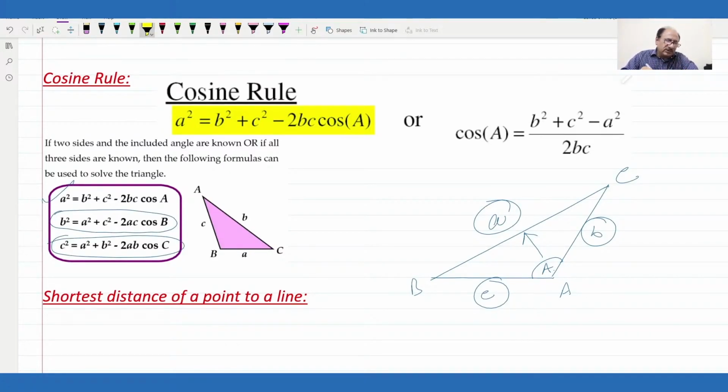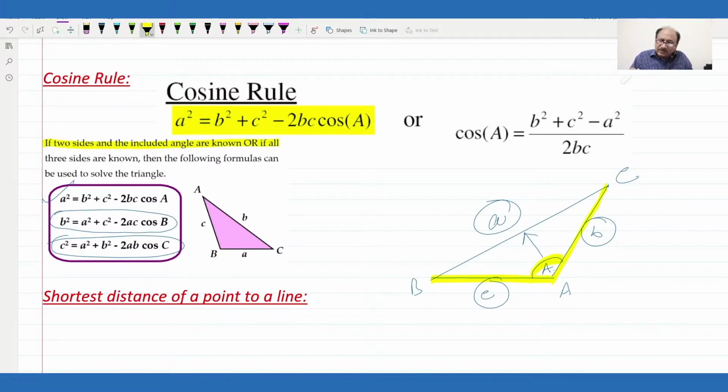Now the question is, when are we applying this formula? If two sides and an included angle are known to us, we know this side, this side, and this included angle, then we can apply the cosine rule.